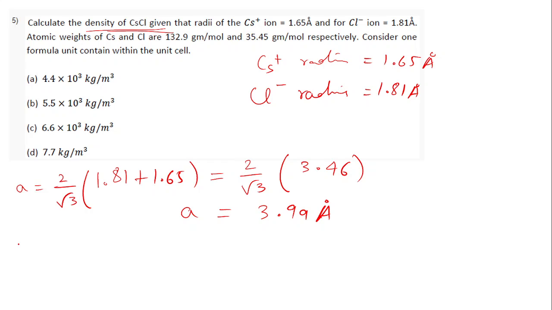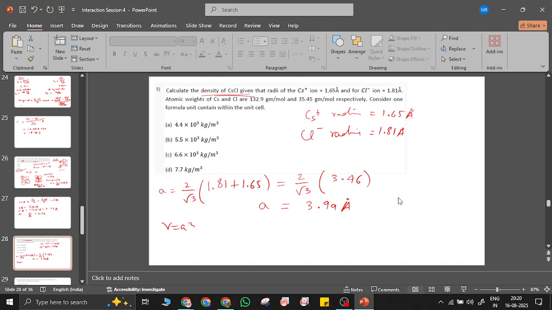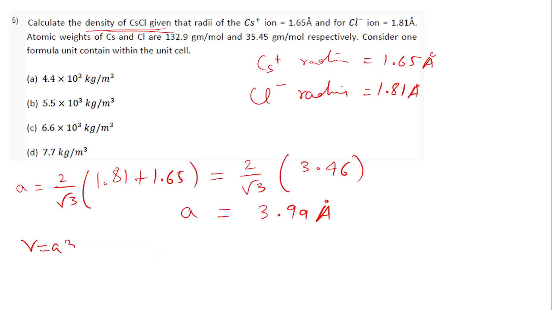will be a cubed. But to find the density for a molecule, our formula is this. To find the density, the formula is the number of molecules, since here we have a whole molecule in this unit cell and we have been told to consider one formula per unit cell.